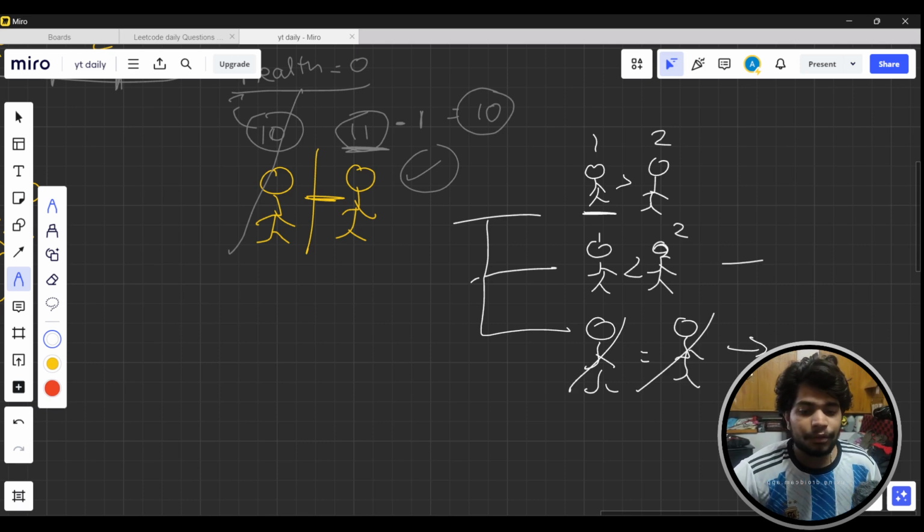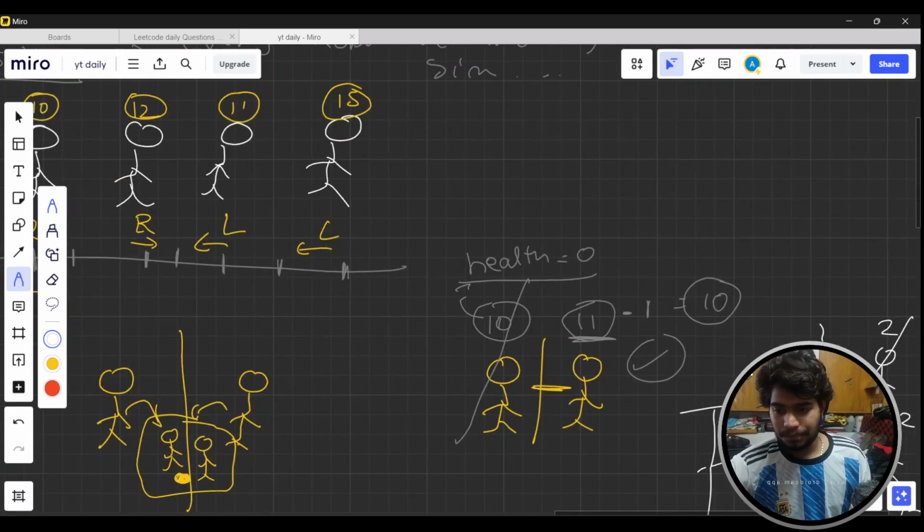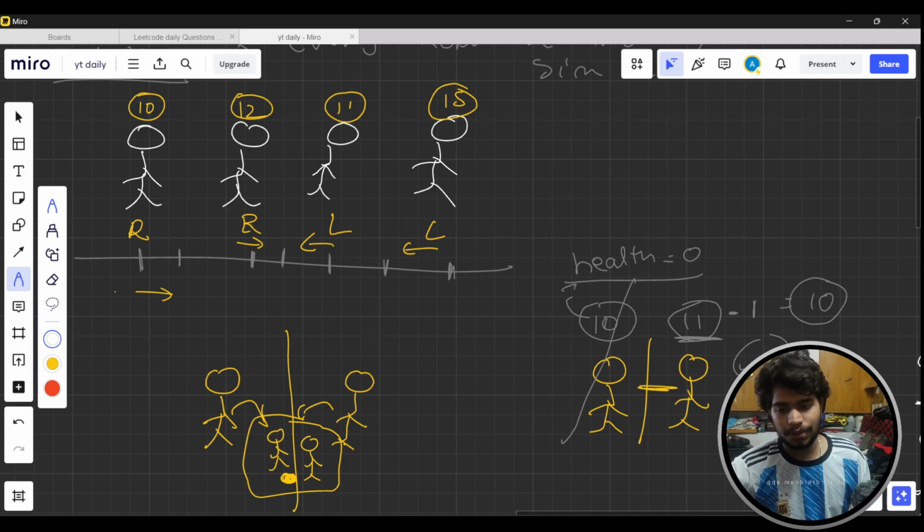If robot two is stronger, then I have to kill robot one, and vice versa. So I understand the robots move in the given direction, and whenever there is a collision between two robots, I just have to kill the robot whose health is smaller. It does make sense, okay? So that was what the question was saying.